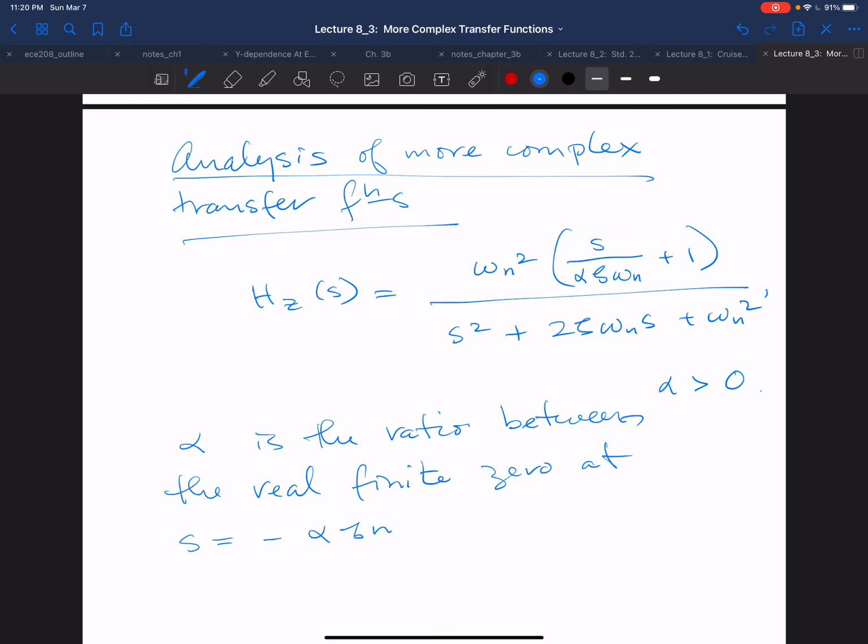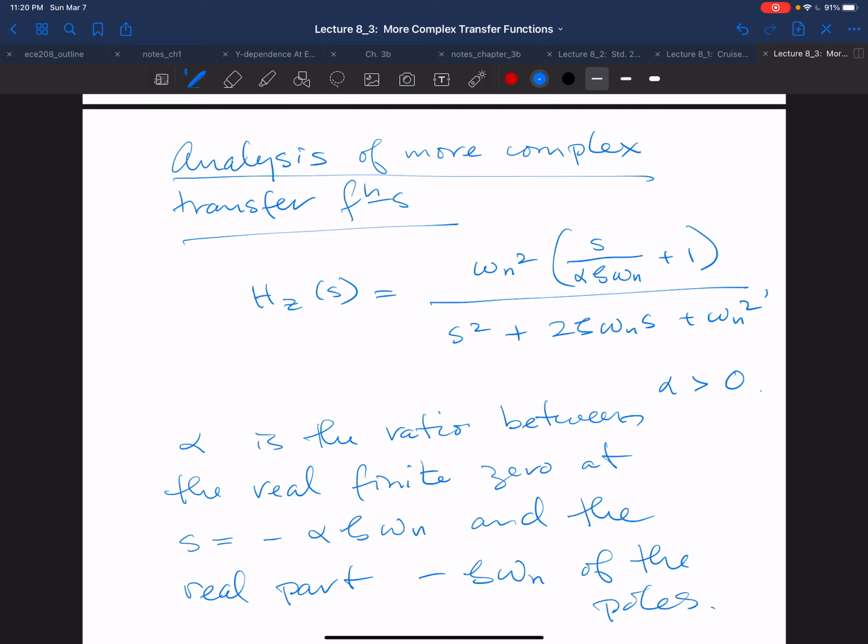And on the other hand, the real part of the poles at minus zeta omega n. So in other words, our zero is alpha times as far from the imaginary axis as are the poles.